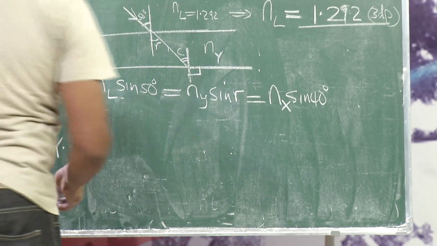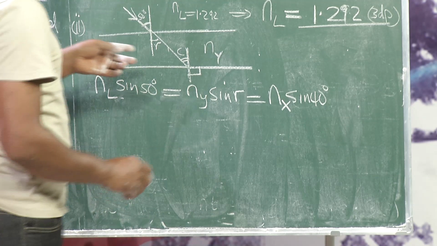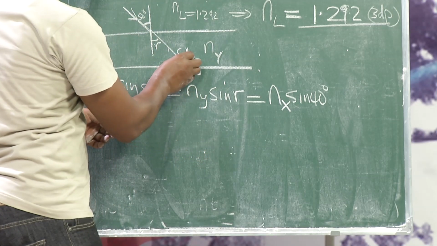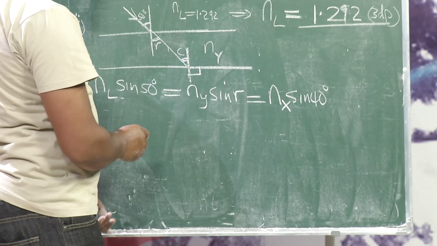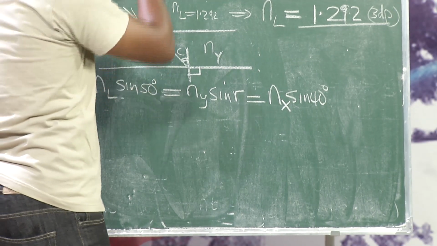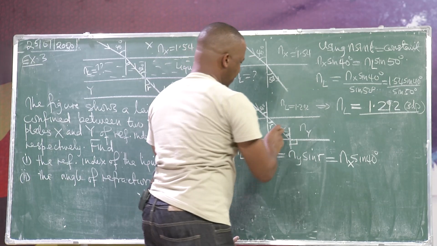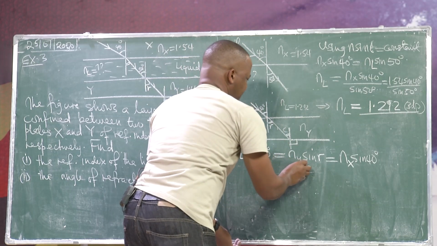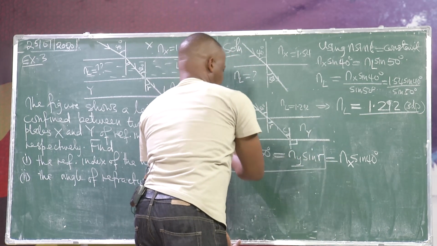Given that we are interested in r, we shall therefore consider the angle of incidence here, this angle that I call the critical angle, by taking the same condition we took right over here, will also be equal to r. So we shall consider this as the expression we are going to use.